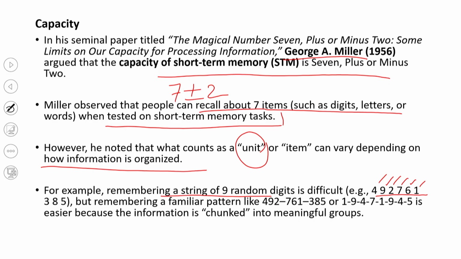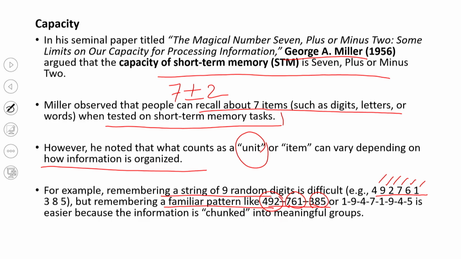On the other hand, let us say you find a trick to make it smaller by creating some patterns, like 492 one pattern, 761 another, 385 another. Now these 9 digits are converted into only 3 units. It is much easier to remember, because rather than remembering 9 units, you are remembering only 3.